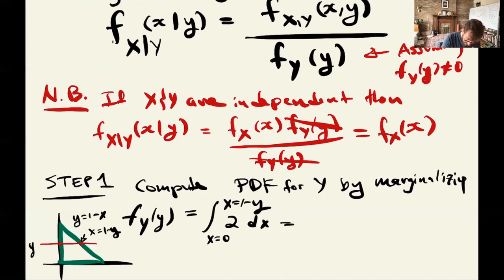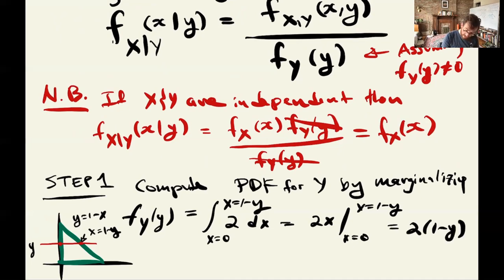Well, I get 2x evaluated at x equals 0 and x equals 1 minus y. And so I just plug in and I see that I get 2 times 1 minus y. And this works as long as y is between 0 and 1, and then it's 0 otherwise. So that's great. I've now determined the PDF for y.